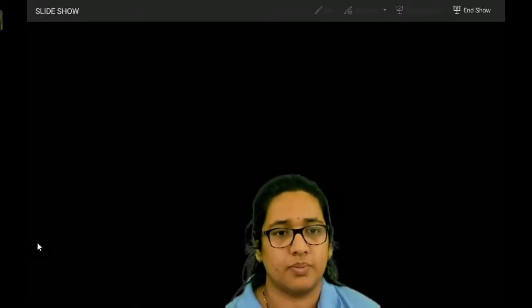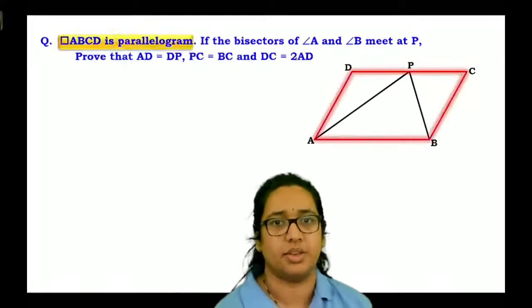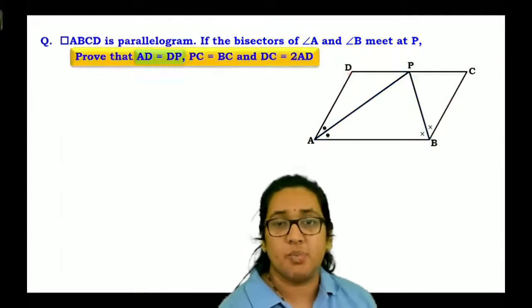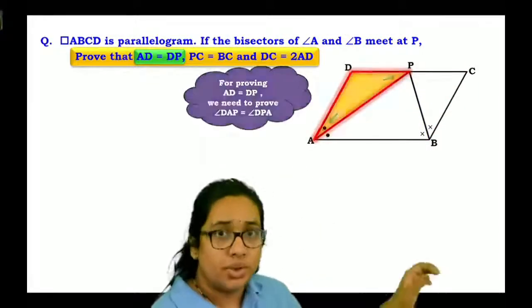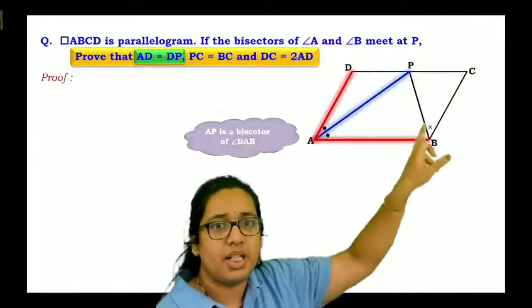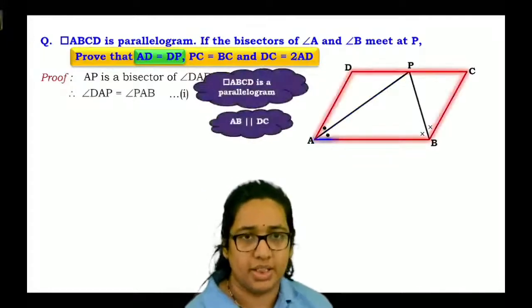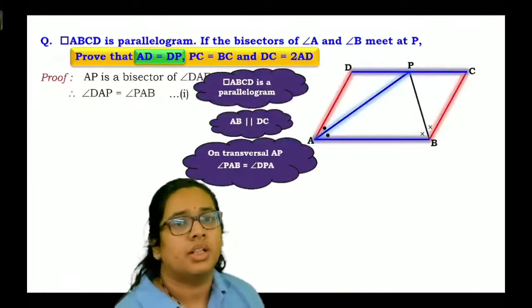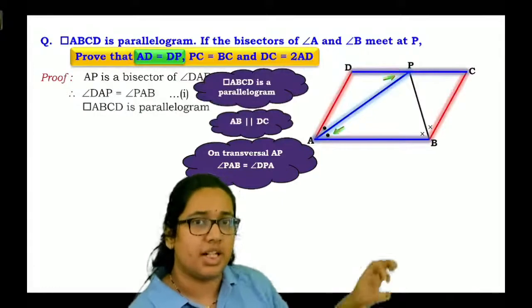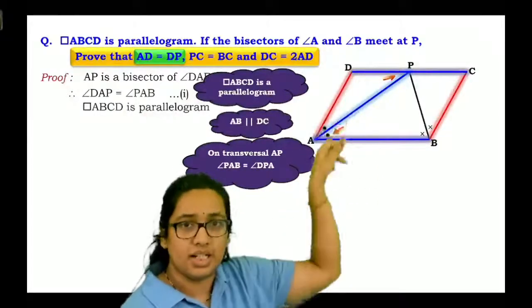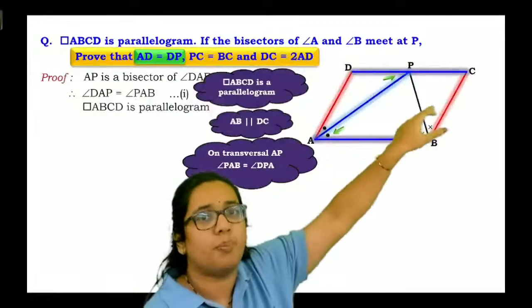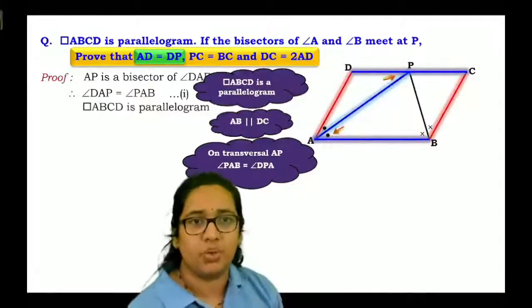Correct? So for the next one, just because of that letter Z, you get that DPA and PAB are equal. Hence, we'll say that if these two angles are equal, then the sides opposite to these angles will be equal as well.